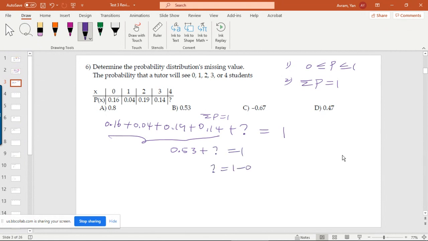So for this unknown, you subtract 0.53 on both sides, and that will give you 0.47. So that's using this property, the sum of all of them together should be equal to 1. And you can do the algebra calculation, which should be straightforward. So you just need to understand the concept in this case, okay?